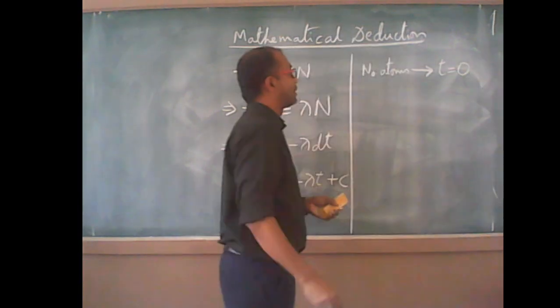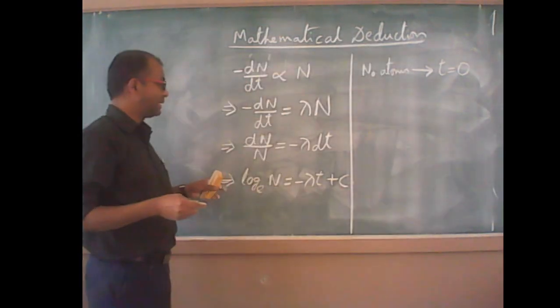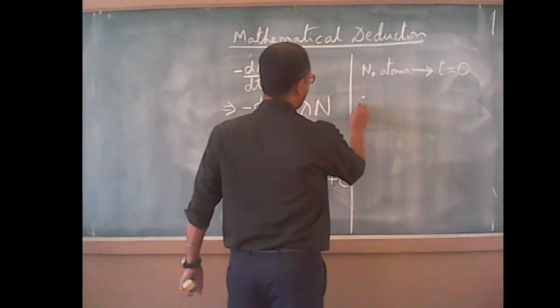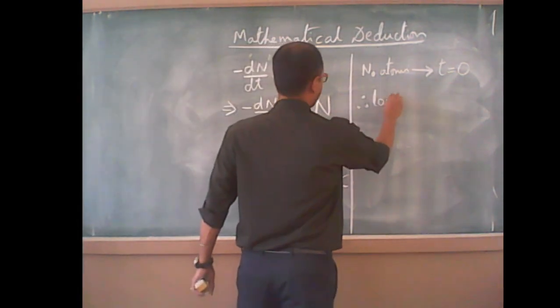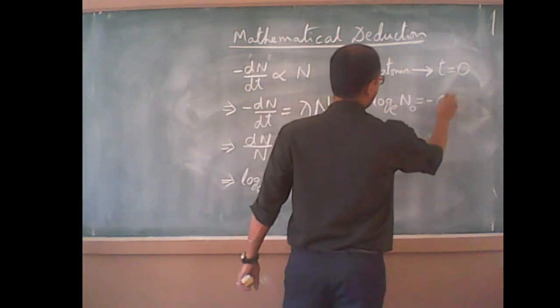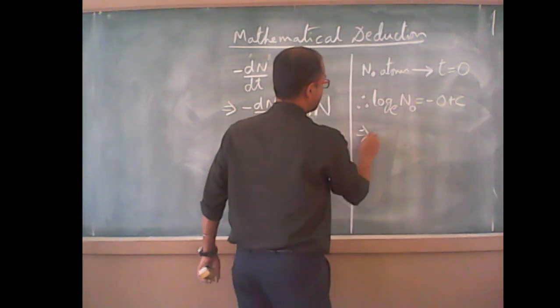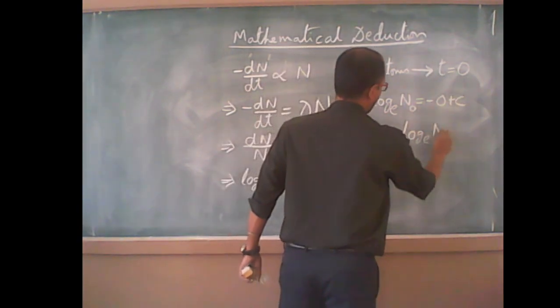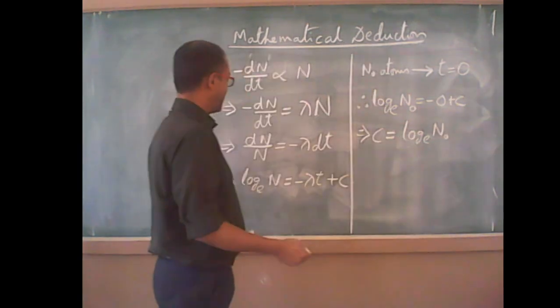Let n0 be the number of atoms which is there initially. So putting it back in this expression, we have ln n0 = -0 + c, which implies c = ln n0.